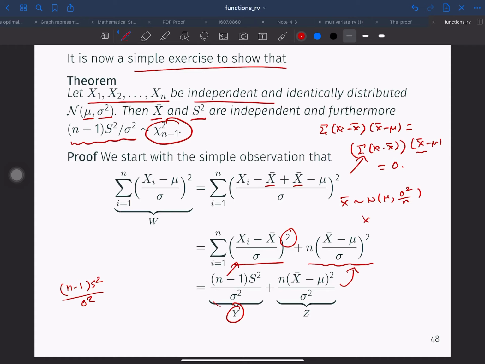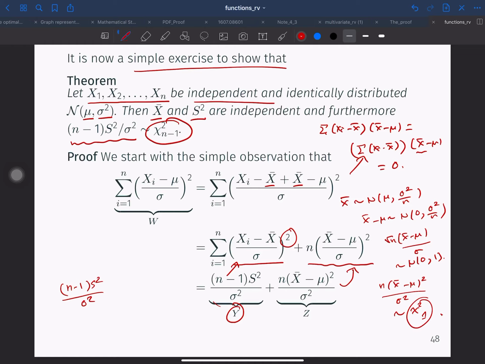So x bar minus mu is normal with mean 0 and variance sigma squared over n. Therefore, square root n times (x bar minus mu) divided by sigma is normal with mean 0 and variance 1. So n times (x bar minus mu) squared over sigma squared is chi-squared with 1 degree of freedom. So that's what we know.